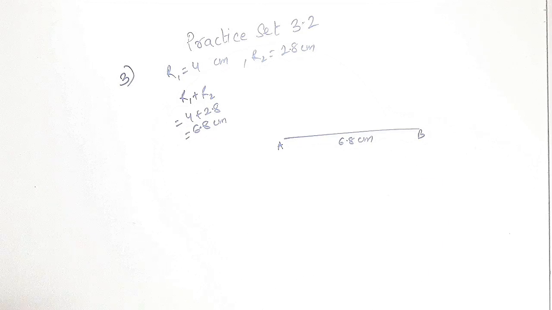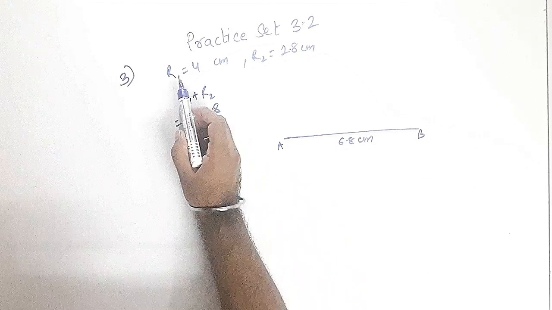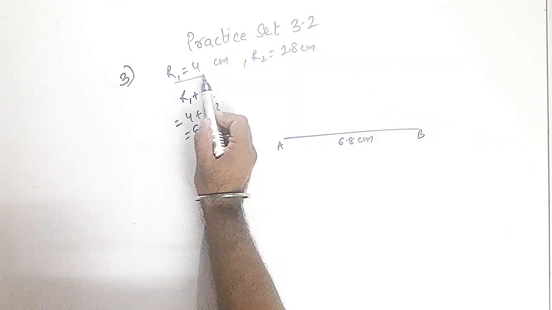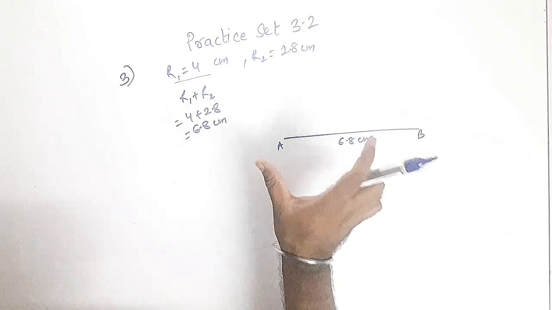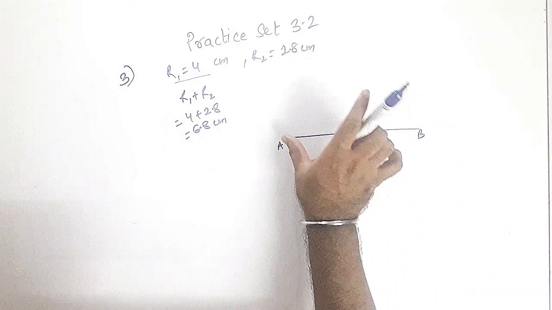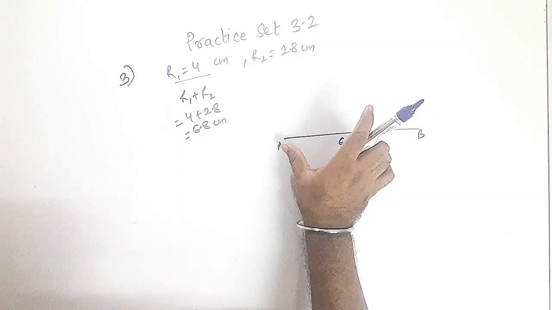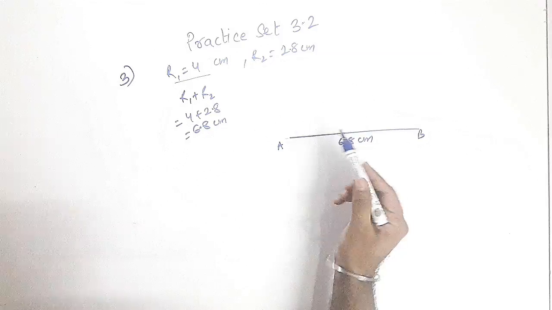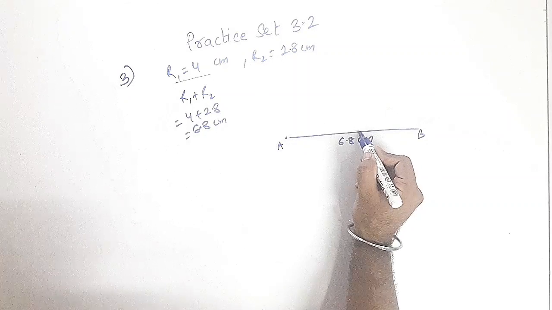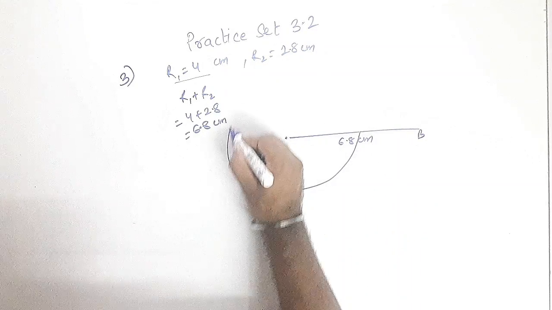Out of this I'll take R1, 4 centimeter. I'll take a radius of 4 centimeter with the compass, and from here you can draw a circle.